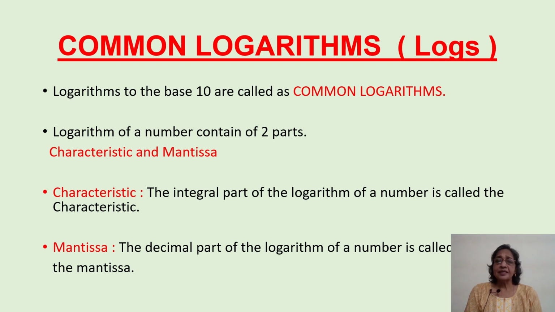So the first thing that we need to do when we are finding the value of the log of any number is to find the characteristic first. The mantissa is the decimal part of the log of a number.